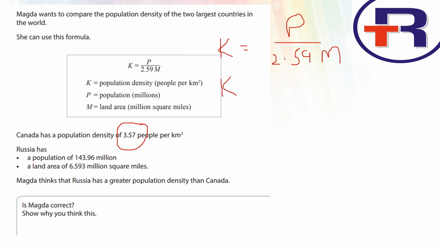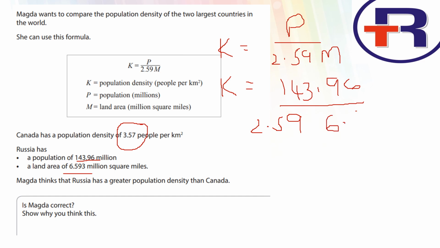K equals, P is here, 143.9 divided by 2.59 M, 6.593. And again, in that gap between the 2.59 and the M, in this gap here, goes our multiplication sign.